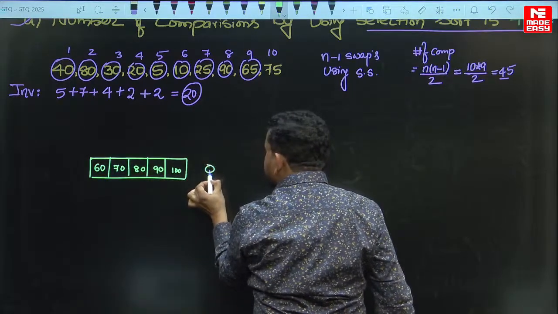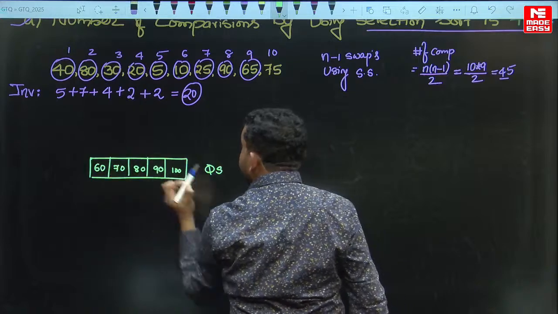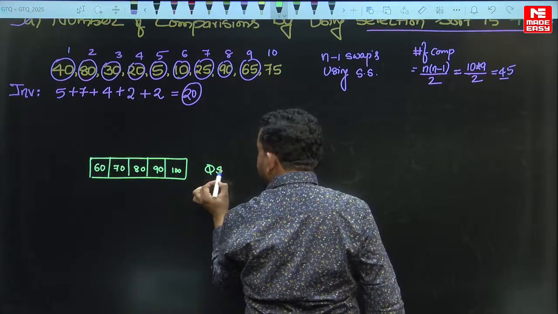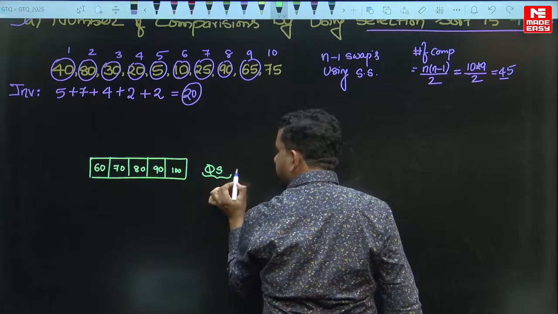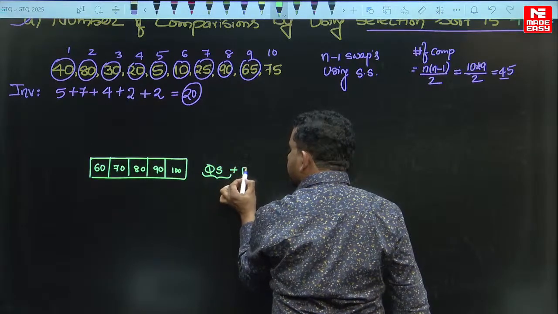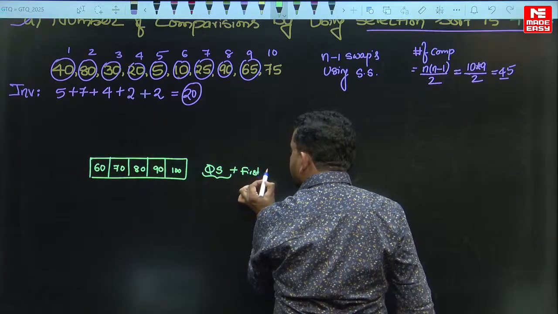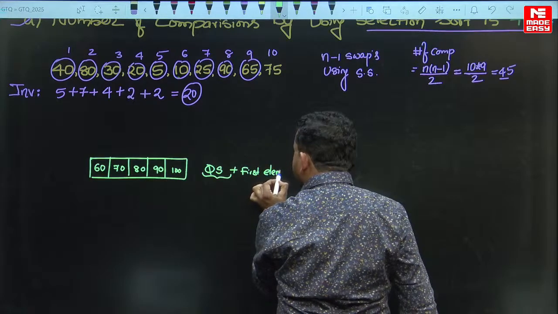If you go for quick sort and the first element is the pivot, how many swaps are required with quick sort with the first element as pivot?